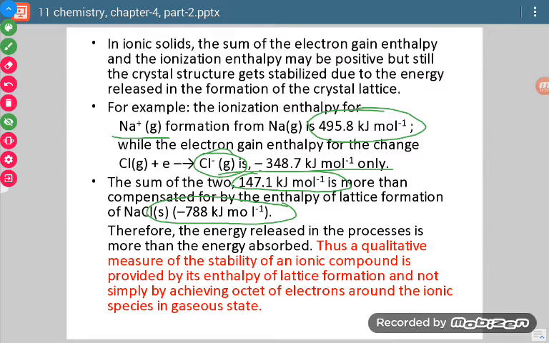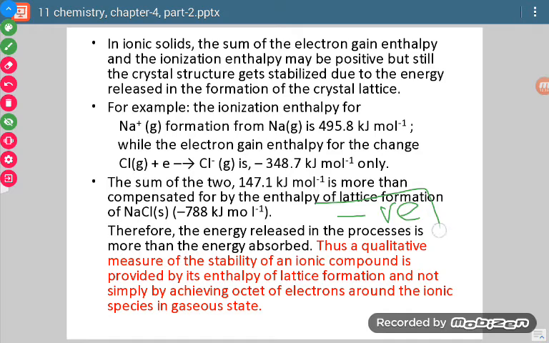Now if we do the total, it will be 147.1 plus minus 788, then again the total will be a negative value. So what does it mean? It means ionization enthalpy plus electron gain enthalpy plus lattice enthalpy is equal to a negative value of energy.